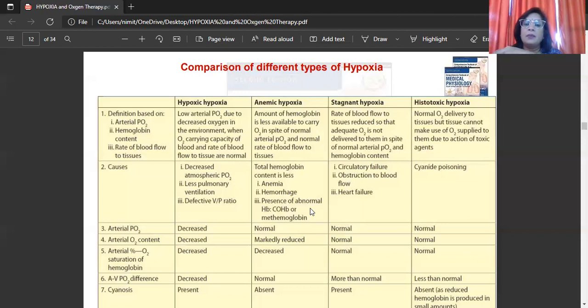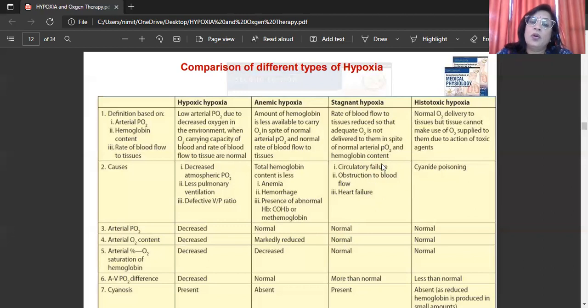Then stagnant hypoxia, what are the causes? Yes, very good. Circulatory failure, obstruction of blood flow, heart failure.